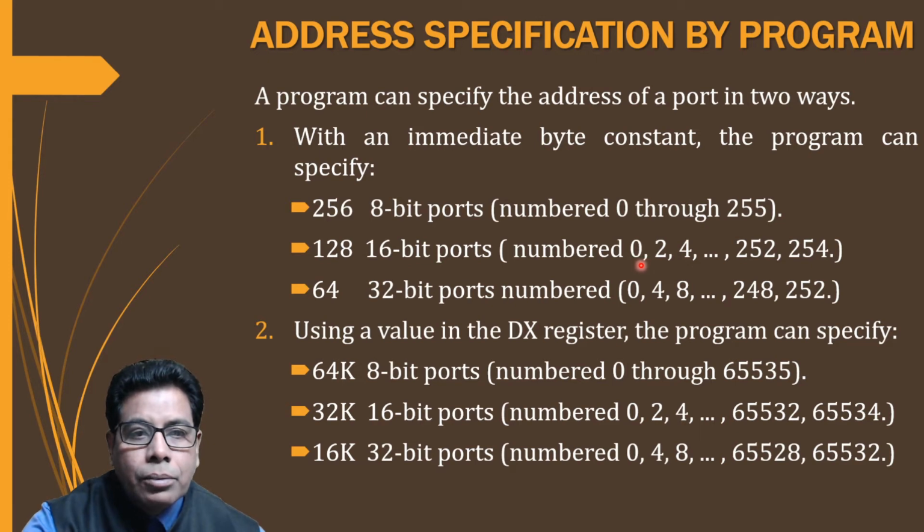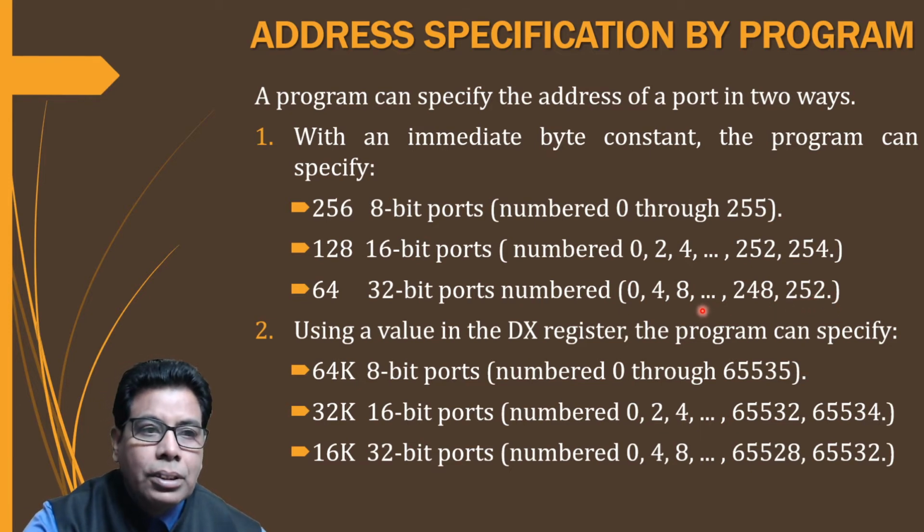Then if you combine 4 ports, it leads to 32-bit ports, the number will be 64 in this case, and the address will be a multiple of 4: 0, 4, 8, like that. So the last address will be 252, occupying 252, 253, 254 and 255.